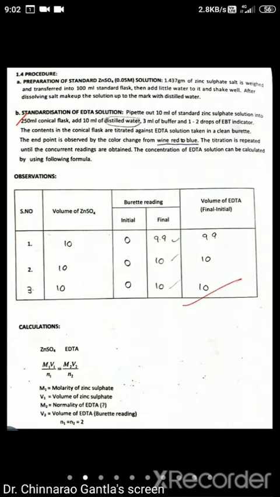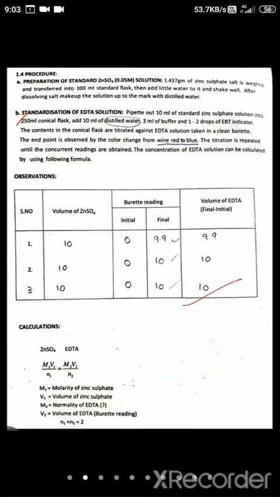In a 250 ml conical flask, 10 ml distilled water, 10 ml zinc sulfate, and 1 drop of EBT. This content in the conical flask is titrated against EDTA solution taken in a clean burette.